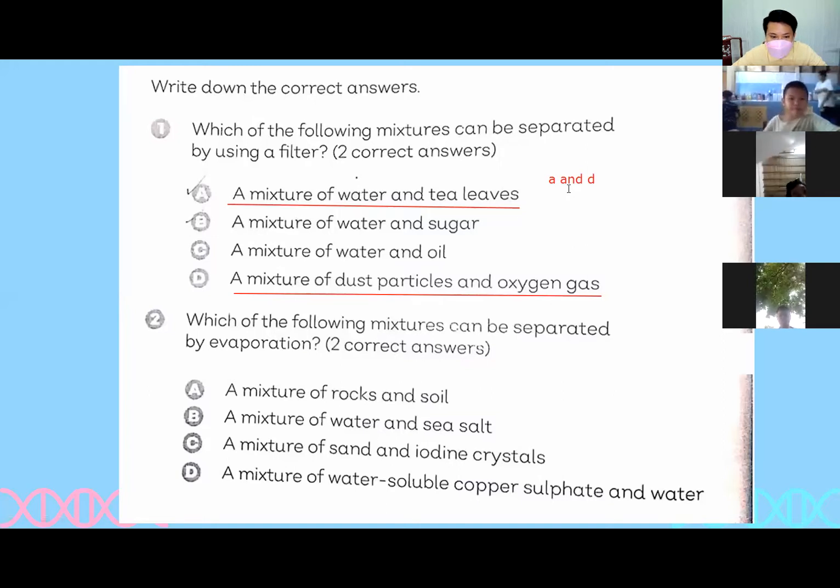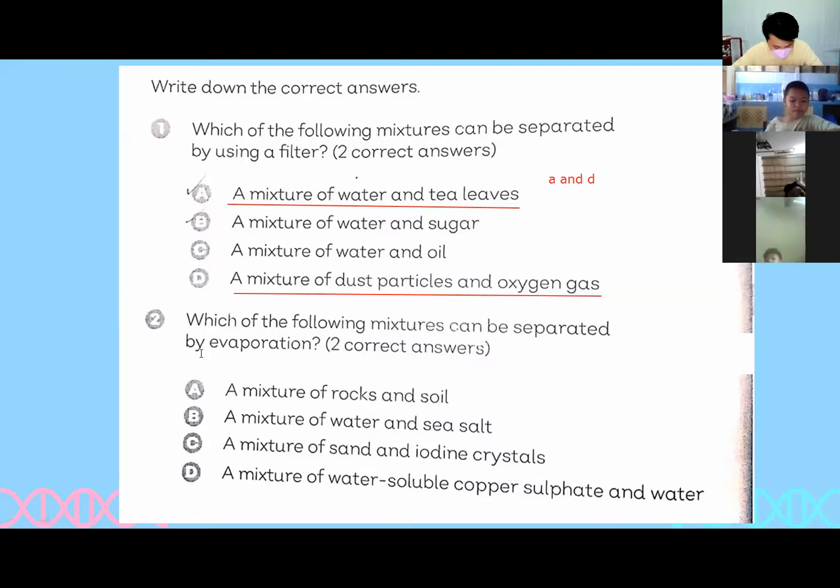Finish? Next, which of the following mixtures can be separated by evaporation? What do we mean by evaporation? Do you know evaporation? So by boiling water, you can separate them. Okay? So next, this one. A mixture of rocks and soil.